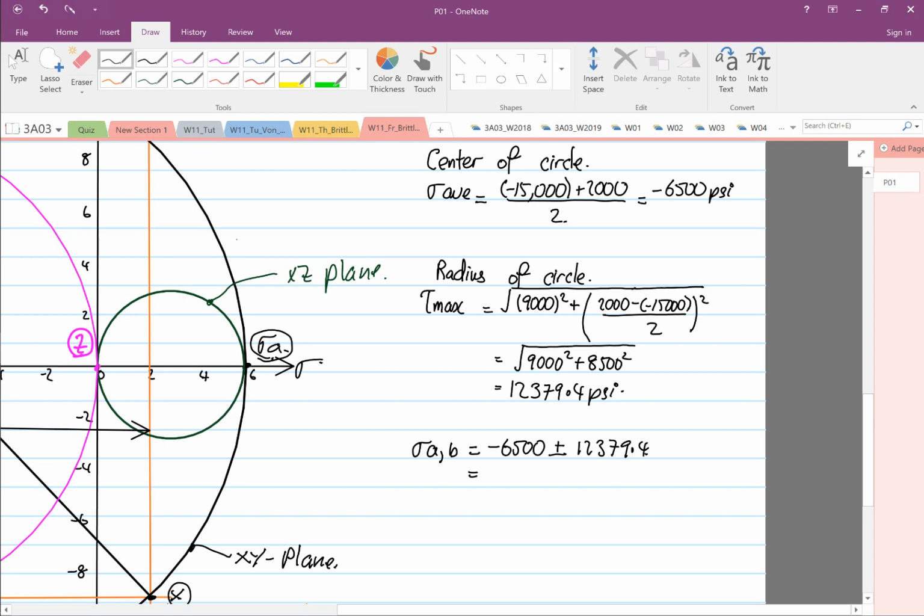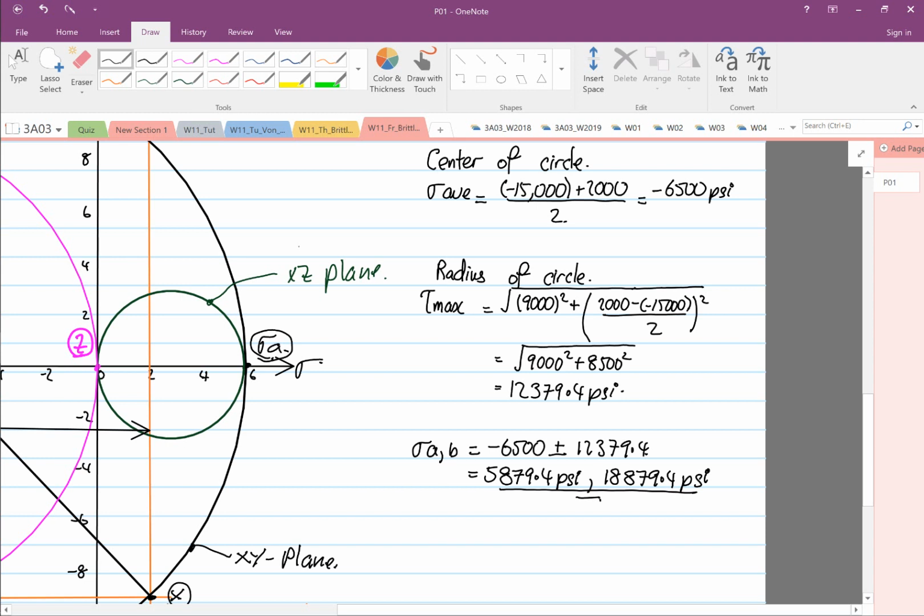So one side, minus 6,500 plus 12,379.4 will be 5,879 psi, and the other one will be minus 18,879.4 psi. Okay, so that's our stress A and stress B.